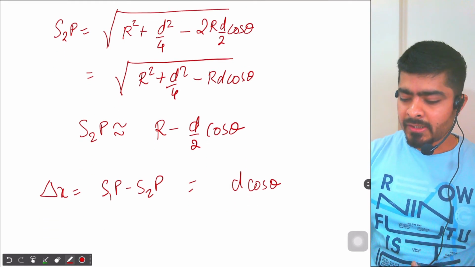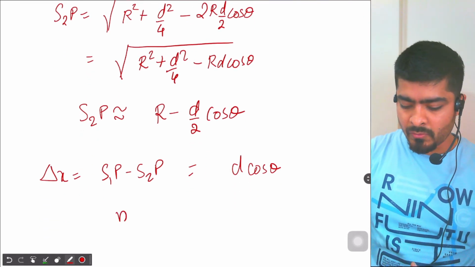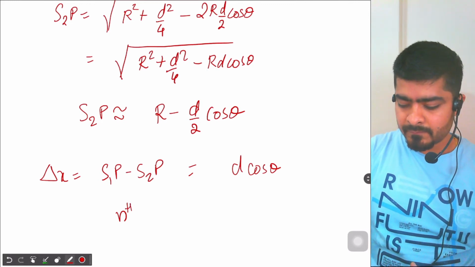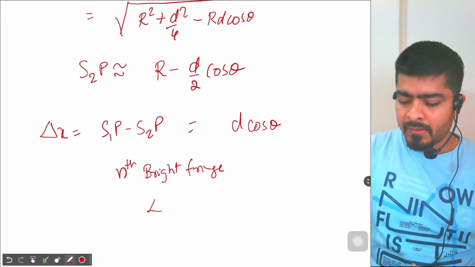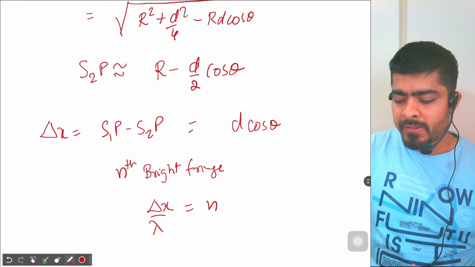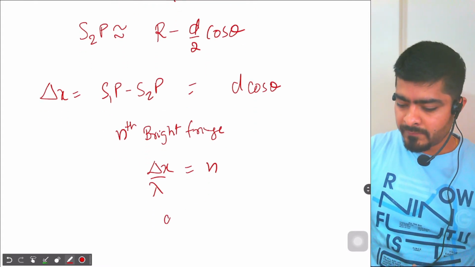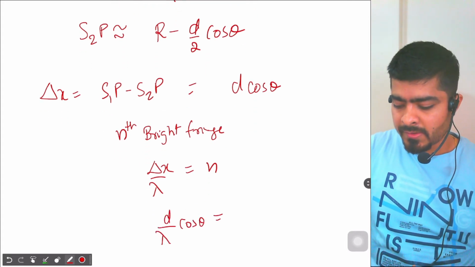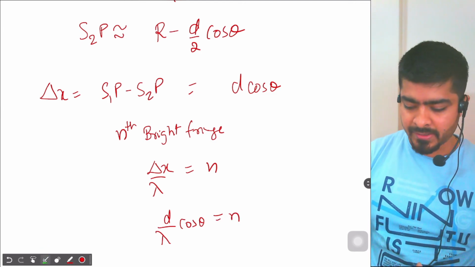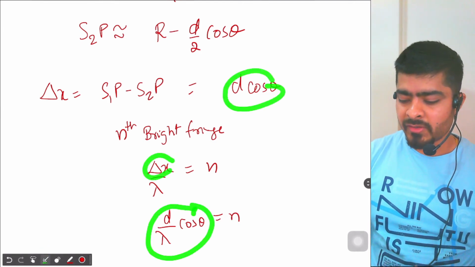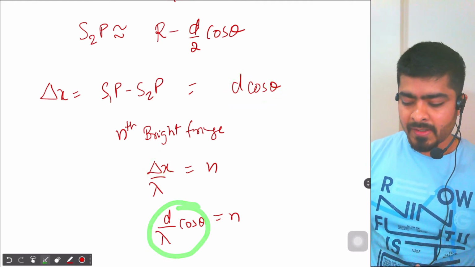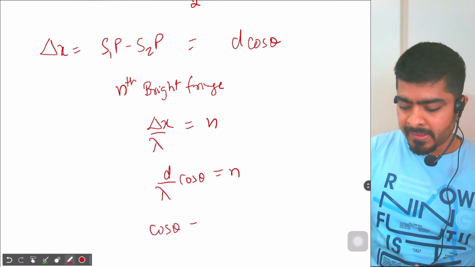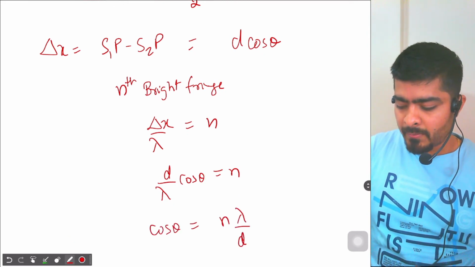So for the nth bright fringe, delta x by lambda should be equal to n, or d by lambda cos theta should be equal to n, right? Delta x is d cos theta, so that's what I have replaced over here. This is the formula for the nth bright fringe. Or I could write cos theta equal to n lambda by small d.